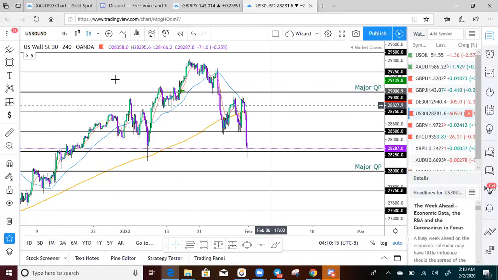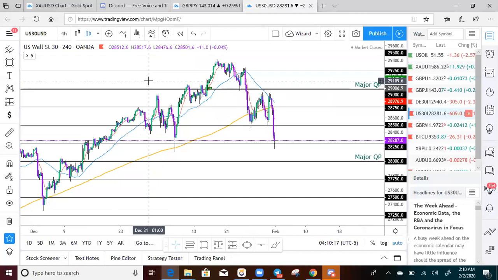So basically what that means is they're usually just continuations of what's already going on. The 25 and the 75 lines aren't where we're looking for key entries into trades while riding in between our 1,000 or 100 pip range. So with indices, it's a 1,000 pip range.